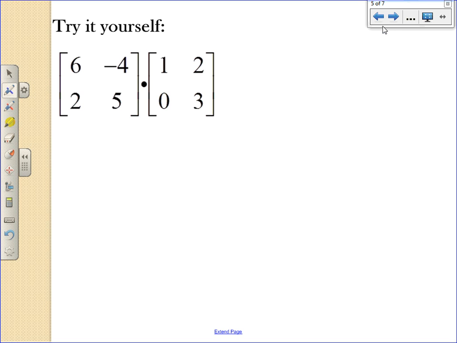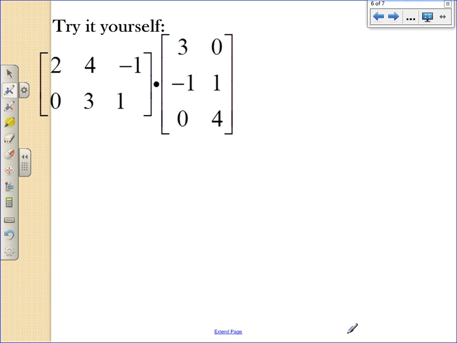And then when you're done with that one, and you can pause this video while you're working on this, I'm not making you rush, but know that your result should be a 2 by 2. Okay? So when you're done with that one, you're going to go into this one and do that one by yourself.